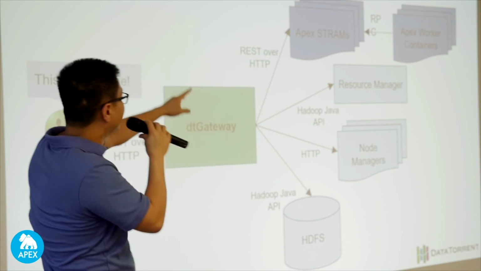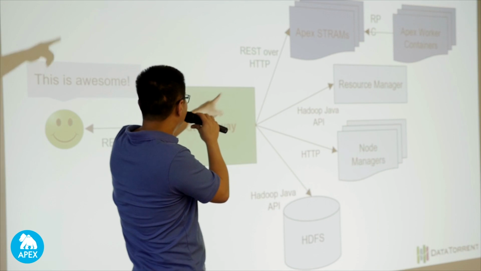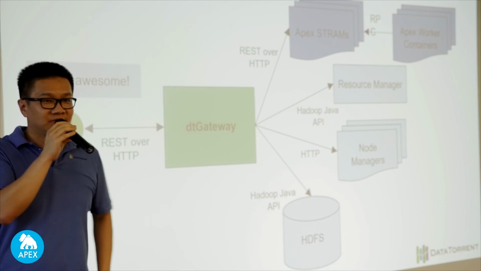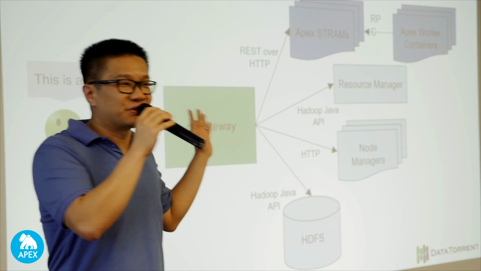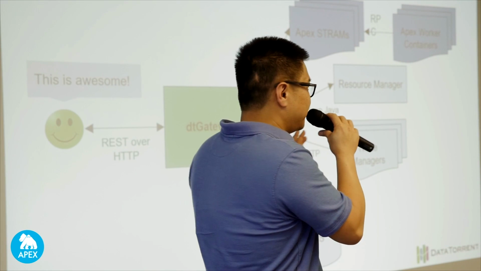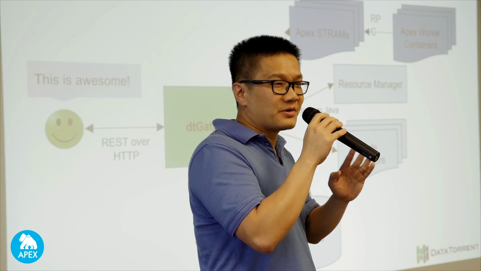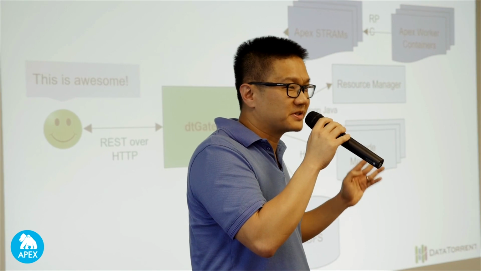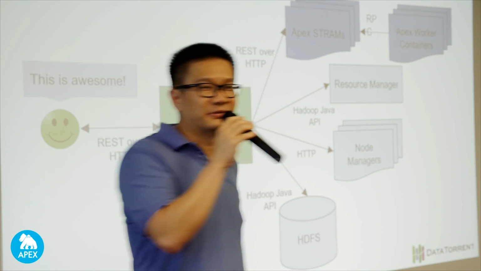So that when it's visible in the Apex Stram REST API, it's visible in the dtGateway. Again, with the role-based access control, you can limit who has access to those metrics. So that is probably important.